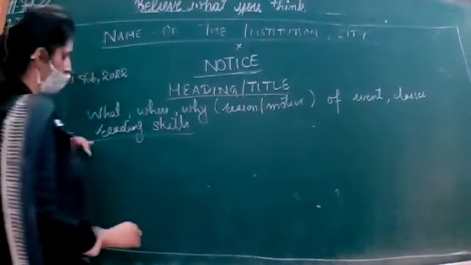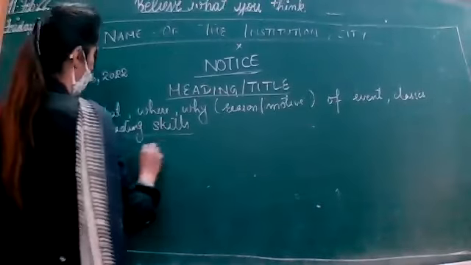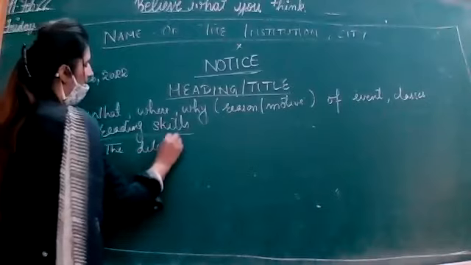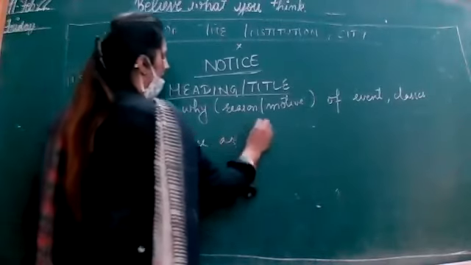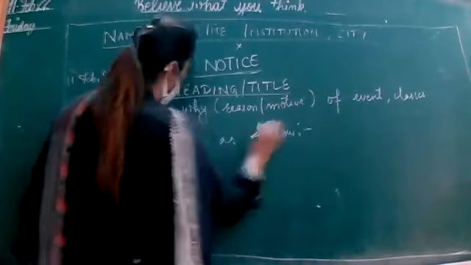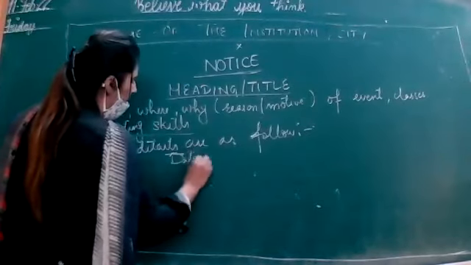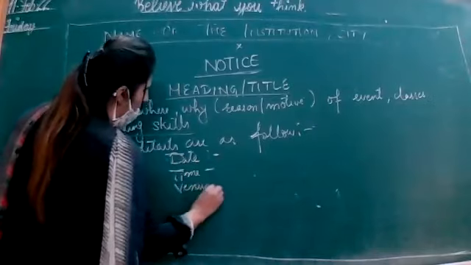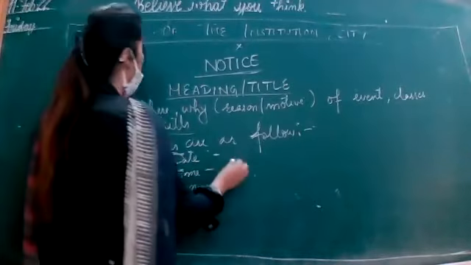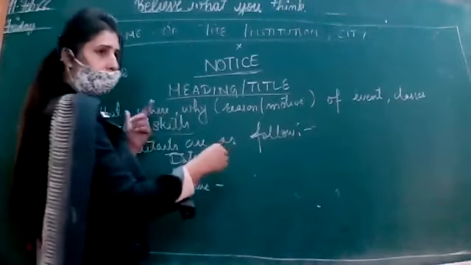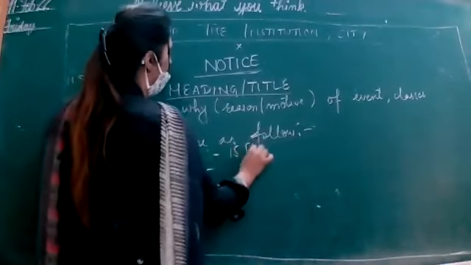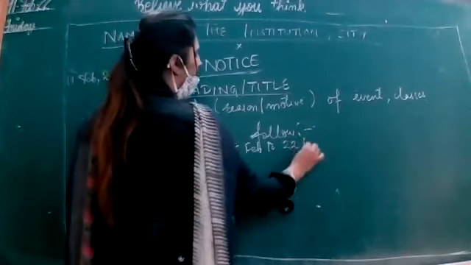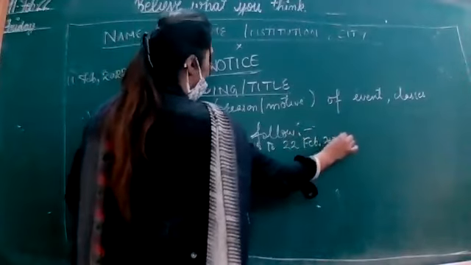Then, the details are as follows. Mention the details. Here you will write date, time, and venue. Venue means place. Suppose the date is 15 Feb, take one week, 22 Feb 2022.